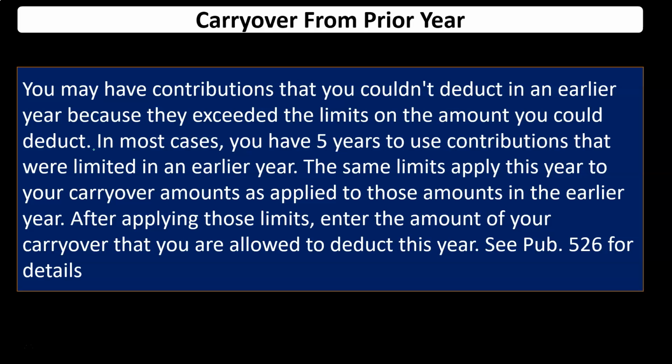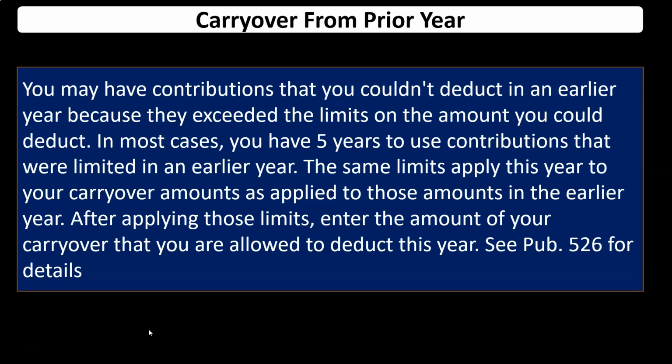Now, if you carry it forward, it would be nice to have the tax software to help you with the carry forwards, because if you pro forma the tax software, it'll help you to see the carry forwards of things like the charitable contributions and whatnot. So in most cases, you have 5 years to use contributions that were limited in an earlier year. The same limit applies to this year to your carryover amounts as applied to those amounts in the earlier year.